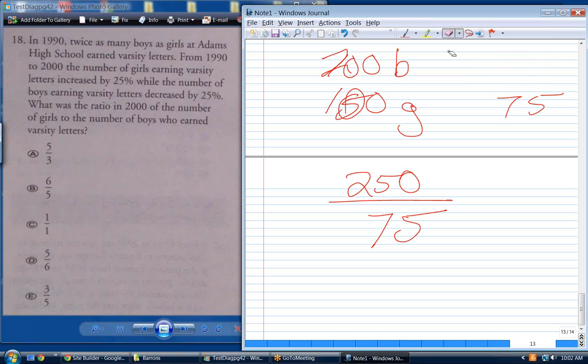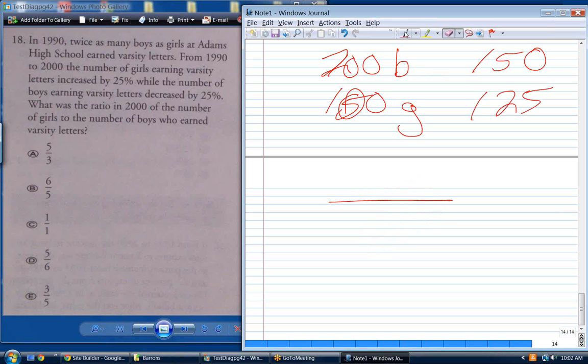The boys dropped by 25% to 150. The girls went up by 25% to 125. So our ratio of boys to girls is 150 to 125.